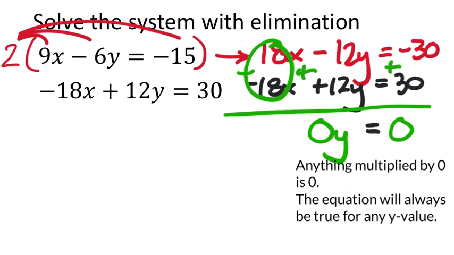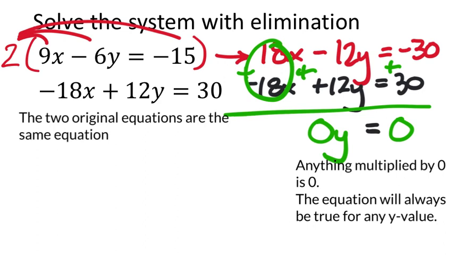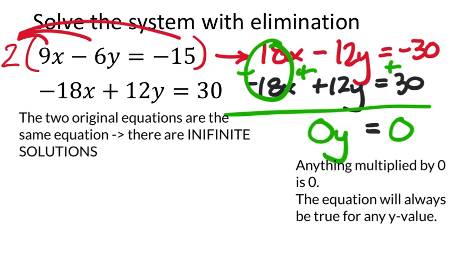But this is also telling us then that essentially the two original equations are the same equation, which tells us then that there are infinite solutions. There we go. And that's actually something you may have to remember, okay? So the answer to this one is actually infinite solutions.